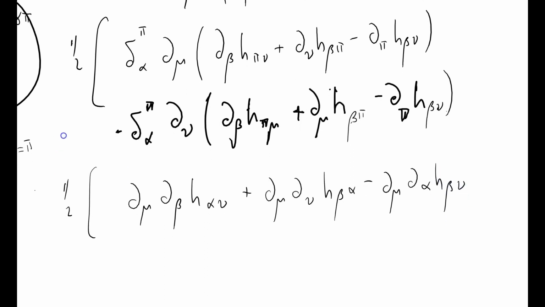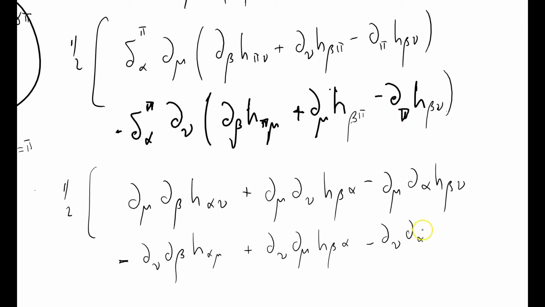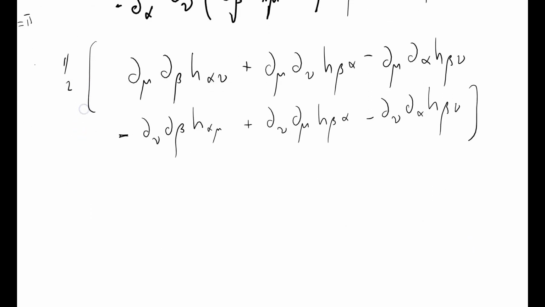That's nice, isn't it? Minus di nu di beta, that's this term times this term, h, and it's the same trick, alpha mu, plus di nu di mu h beta alpha, minus di nu, why is it di nu? It's because of that one there, di alpha, because the pi's turned into an alpha, h beta nu. Whew! There we go.